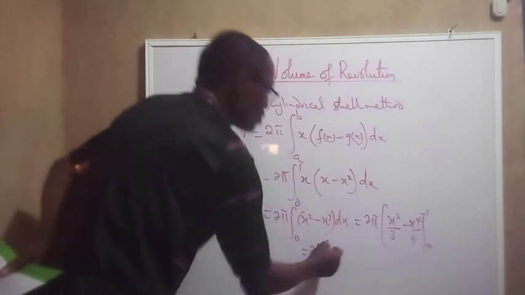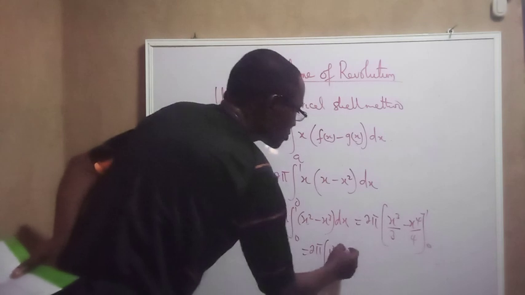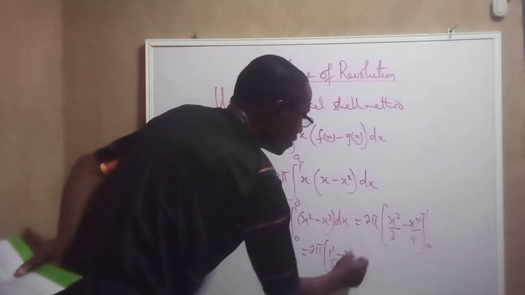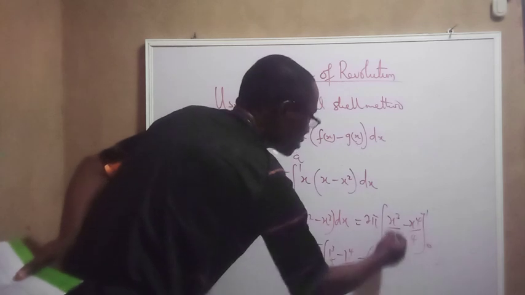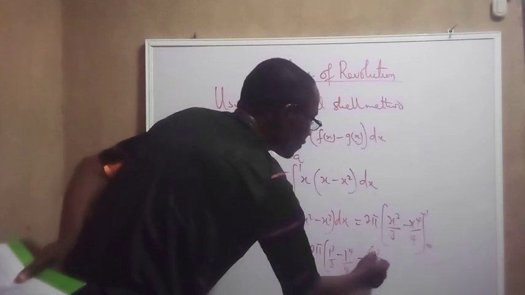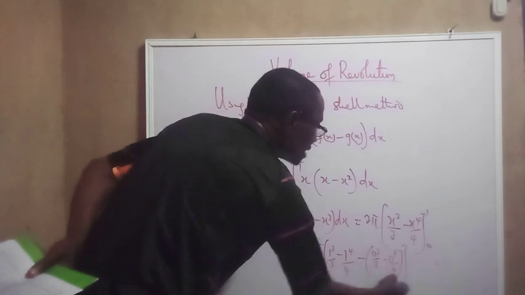So when x is equal to 1, you have 1 cubed over 3 minus 1 to the 4 over 4. Then minus when x equals 0, 0 cubed over 3 minus 0 to the 4 over 4. Obviously everything here will be 0.